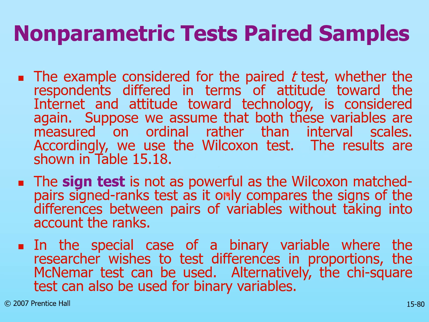The sign test is not as powerful as the Wilcoxon matched-pairs signed-rank test, as it only compares the signs of the differences between the pair of variables without taking into account the ranks. Sign test does not take into consideration the ranks, but here the Wilcoxon test is taking care of the same.